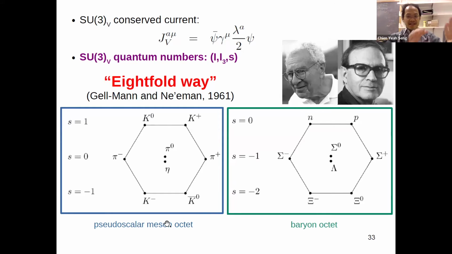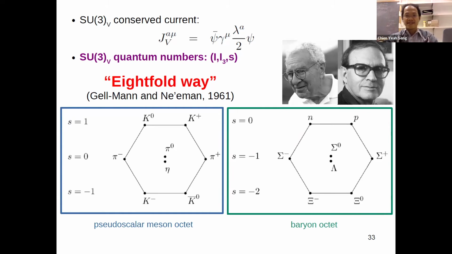For instance, the lightest pseudoscalar mesons can form a group of 8, and they have different isospin numbers and strangeness. And similarly, the lightest baryons form a group of 8. So these groups are irreducible representations of the SU3 symmetry.